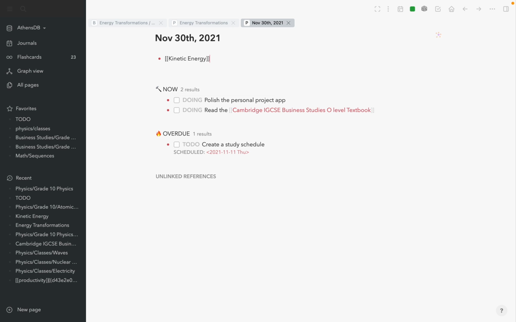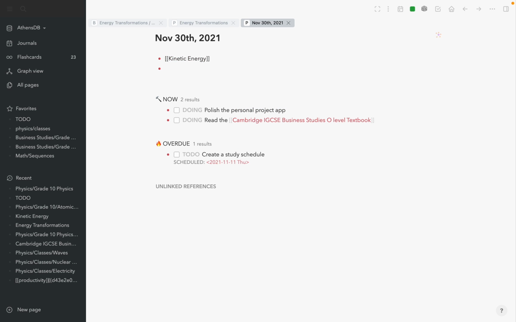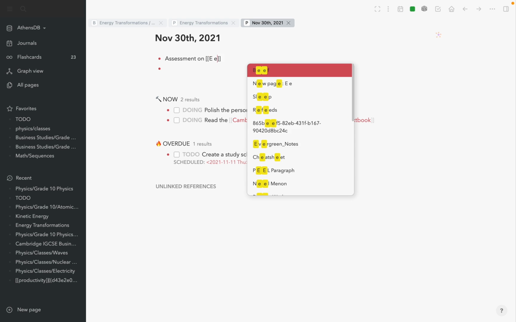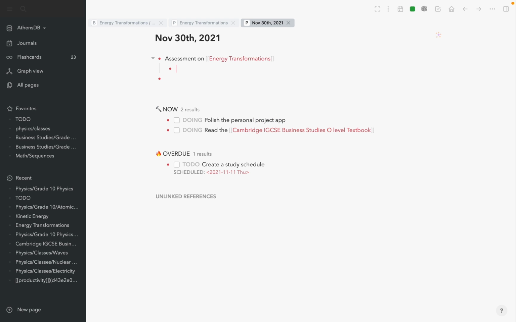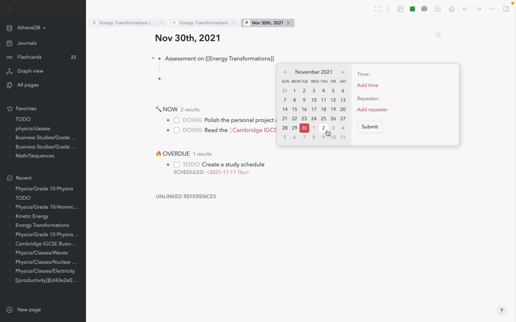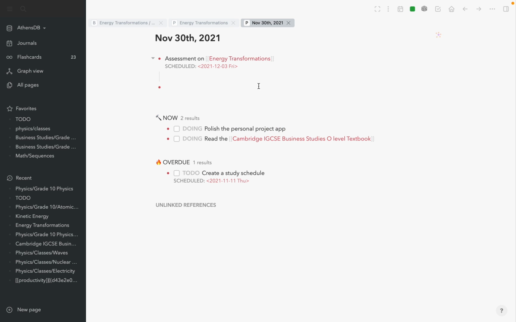So I open up kinetic energy and I just create a link to it, and then I can write assessment on kinetic energy, or actually probably better would be energy transformations. And over here I'll just write a bit about it, I can probably add a schedule date, which is one thing I love, one pretty interesting thing about Logseq, that you can schedule dates and all. So 3rd of December, let's make that.